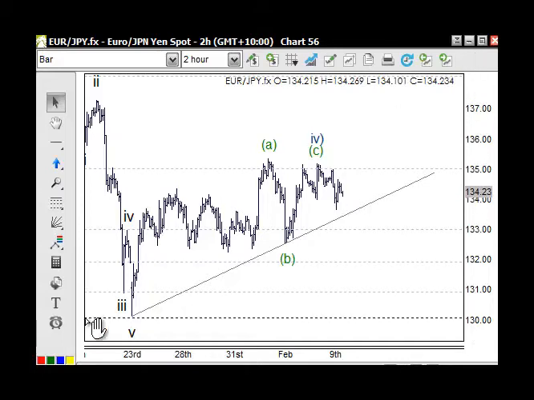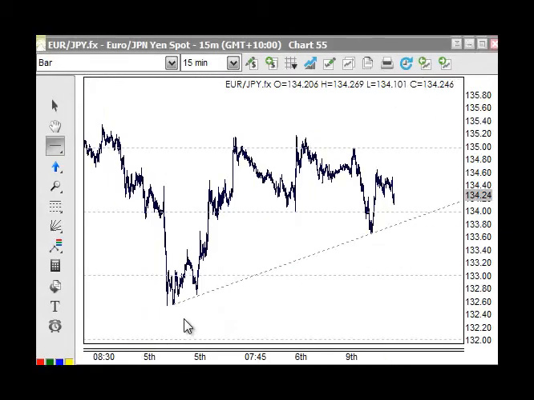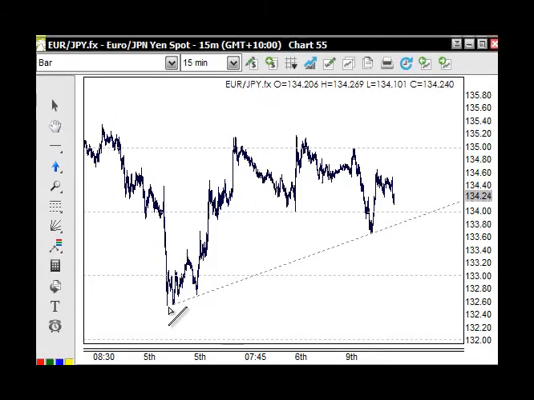However, we do know that the move up here is a corrective pattern and it will fail at some point. But drilling into this little area here somewhat, this is actually a 5-wave structure here: the 1 and the 2, the 3rd wave here with 5 waves in here, the 4th wave and a 5th wave here.